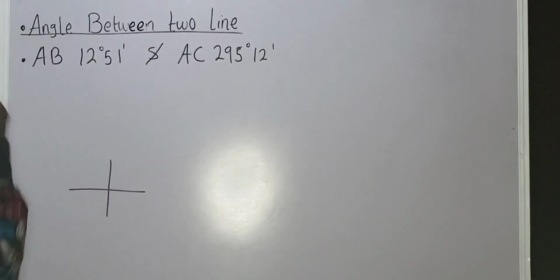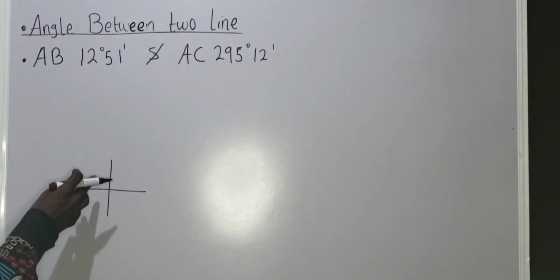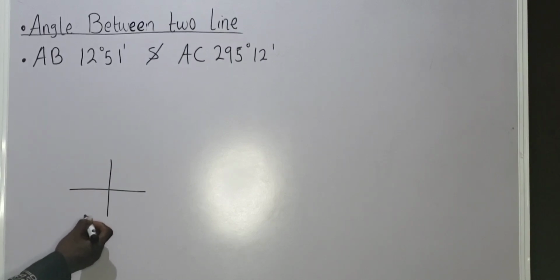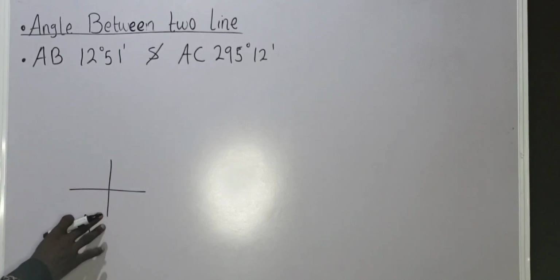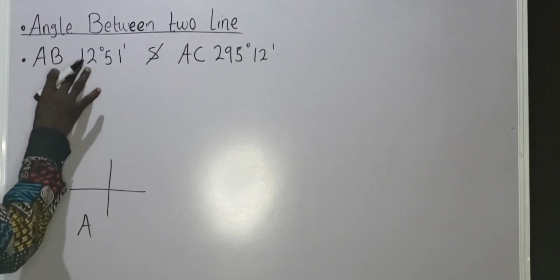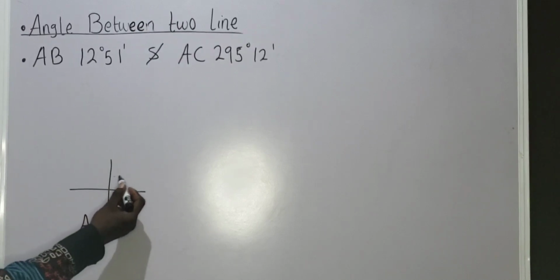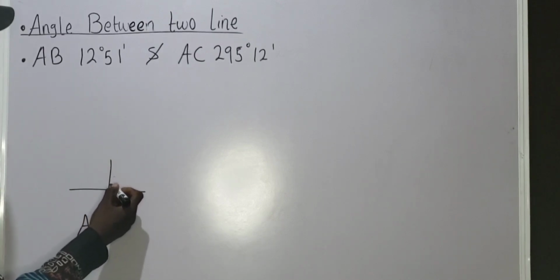You understand? Okay, let's first plot line AB. Let me call this point A. Line AB, that is the bearing of B from A, is 12 degrees 51 minutes, and 12 degrees 51 minutes lies in the first quadrant because it does not pass 90 degrees. The first quadrant ranges from 0 to 90 degrees.